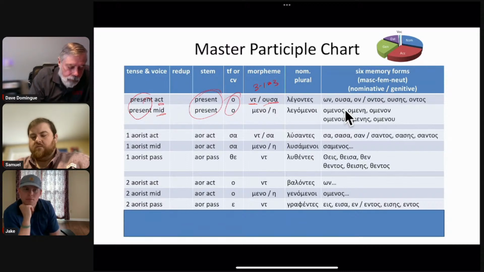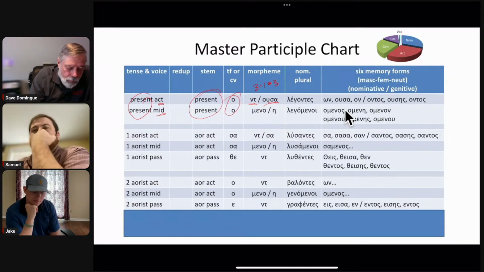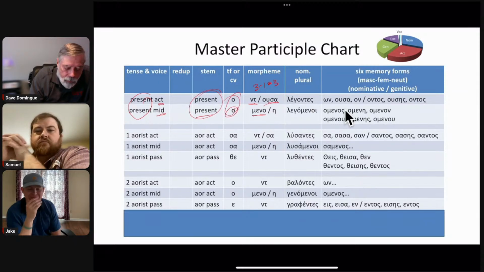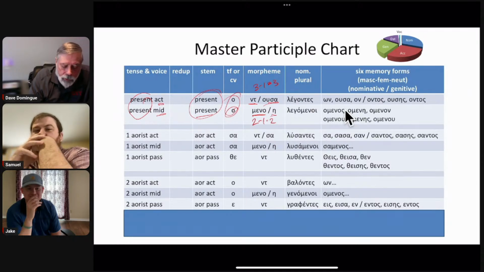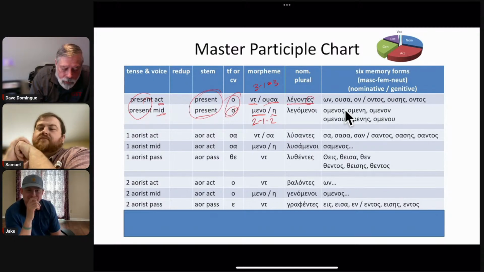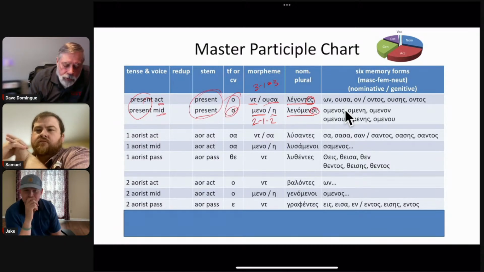And for the middle, for present, we have our connecting vowel, we have the minna, minne, and because it's middle, we're using the 2-1-2 middle pattern for the case endings. And so here you get legantes, that's that 3-1-3 case ending. Legaminoi, that's that 2-1-2 case ending.